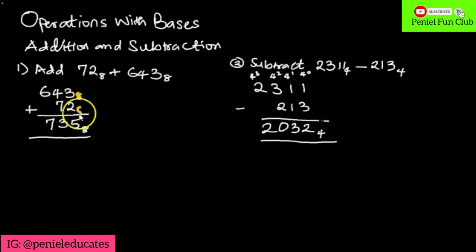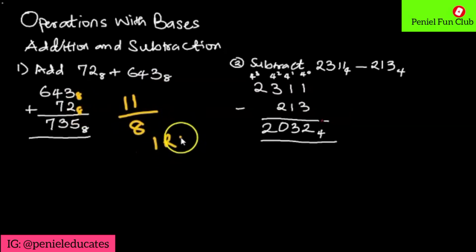All these are in base 8. So then we divide by the base, which is 8. So we get 1 remainder 3. So we'll put our 3 here. Then we carry 1. So when we had 6 plus 1, it will be 7. And 7 is not equal to or more than 8. So that's how we get our answer.